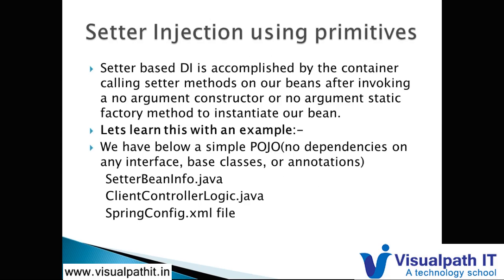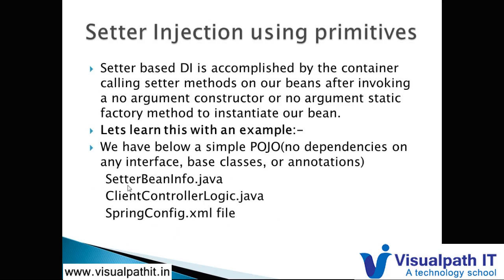So for all these, there are three ways in which the Spring dependency injection happens. One kind of dependency is the setter dependency injection using primitives. So let's neatly understand this setter injection using primitives with a neat example.